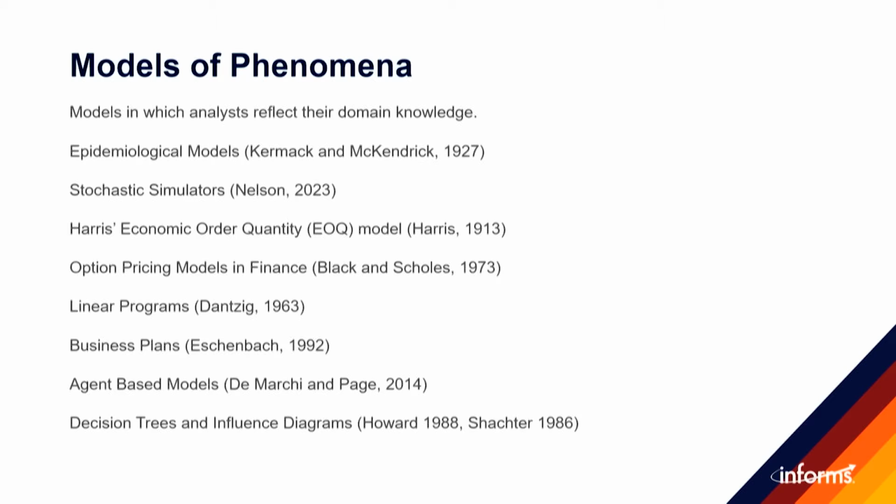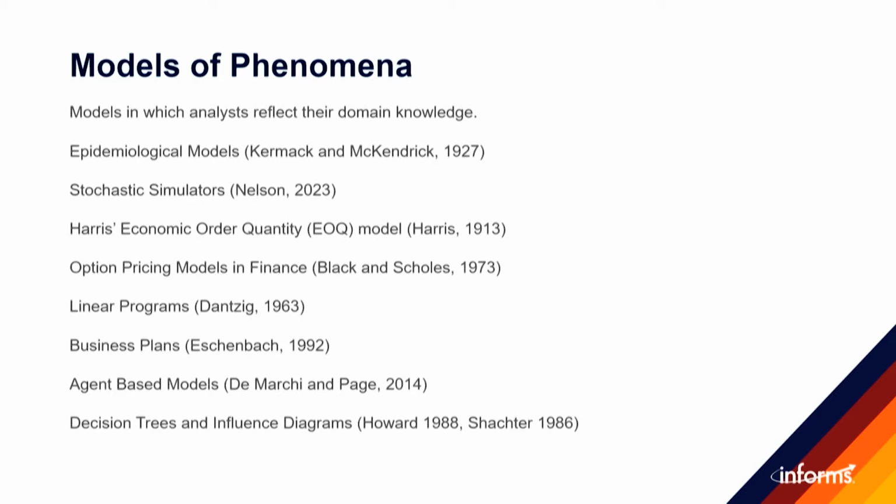For instance, for COVID, the Kermack and McKendrick 1927 model, which is a system dynamics equation, the SIR model that has been so much used in the past years. This is a model of phenomena in which you do not really have axioms that create the model, but the analyst uses some knowledge of the phenomenon to create this simulator.